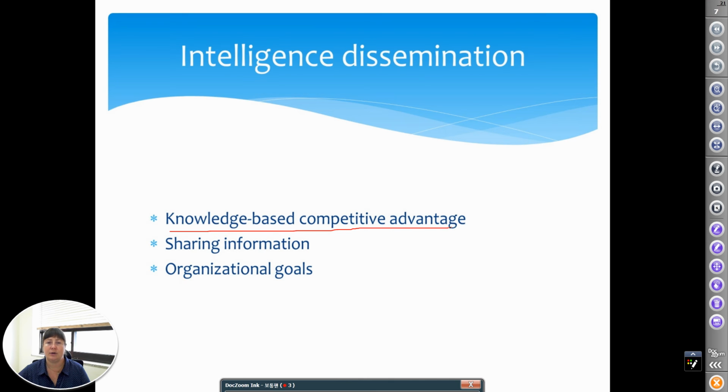But I want to tell you that we can find this type of competitive advantage only if we can create effective climate and cultural innovative structure inside our company and provide the acceptable behavioral model inside our company, in which the personnel and the members of our business can be involved in this knowledge-based competitive advantage. Sharing information. So through sharing information, we can find this knowledge-based competitive advantage.